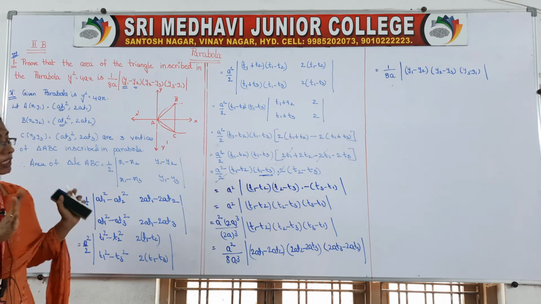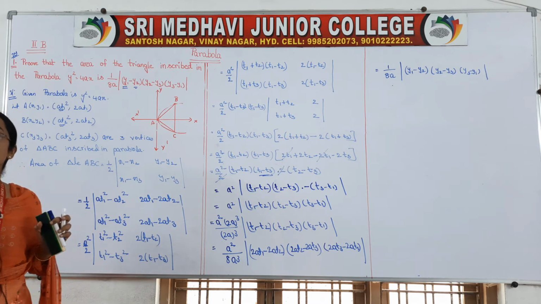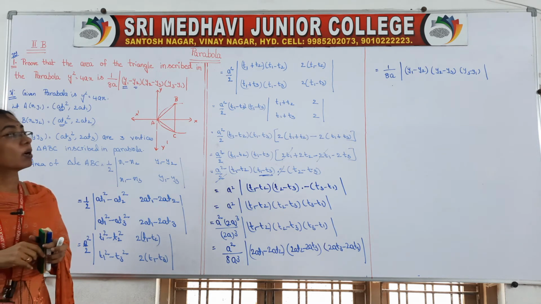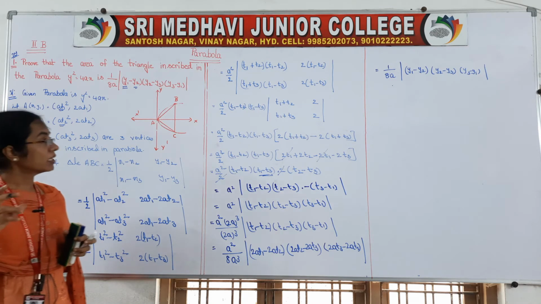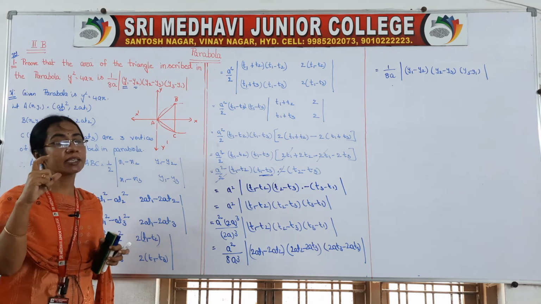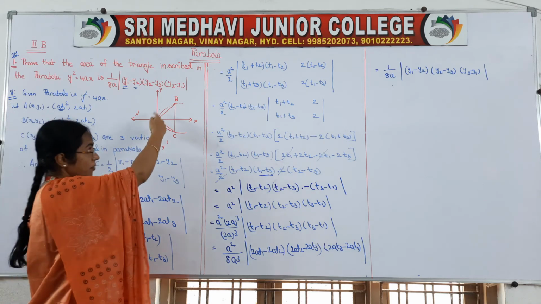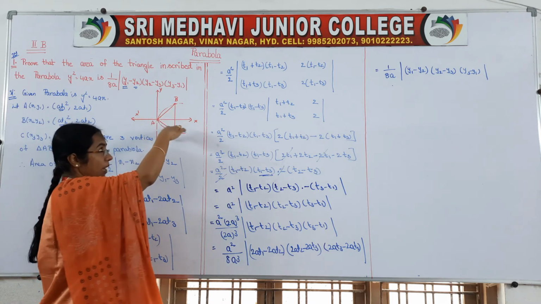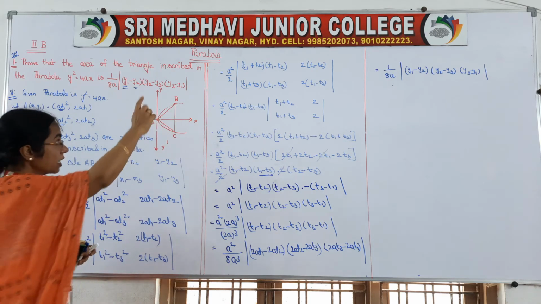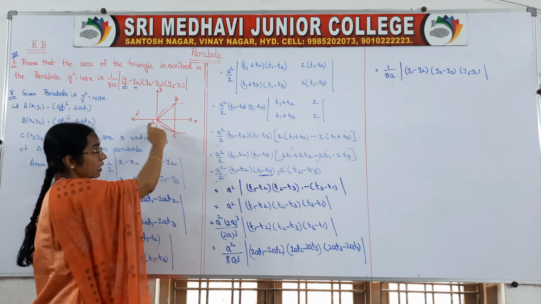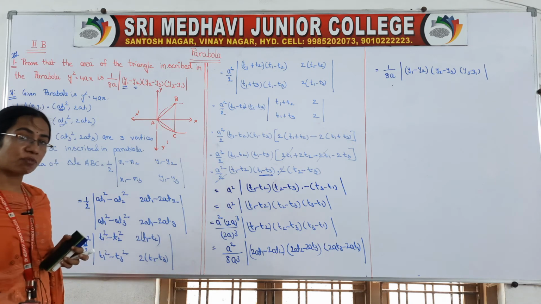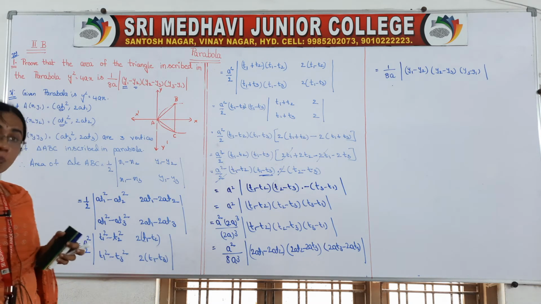Okay. So this is your 7 marks, most repeated 7 marks problem. Here the thing is the triangle is inscribed, right. Inscribed means it lies inside the parabola. So that's why you have to take the points in parametric form with respect to the parabola.